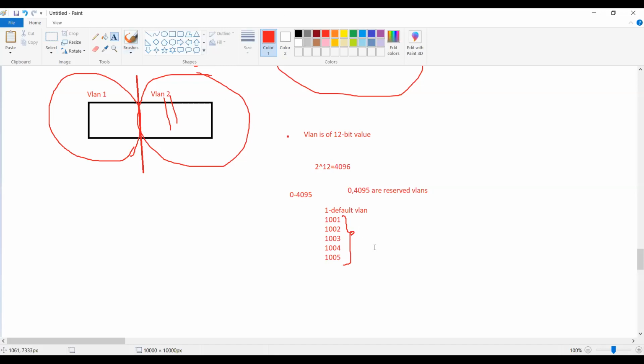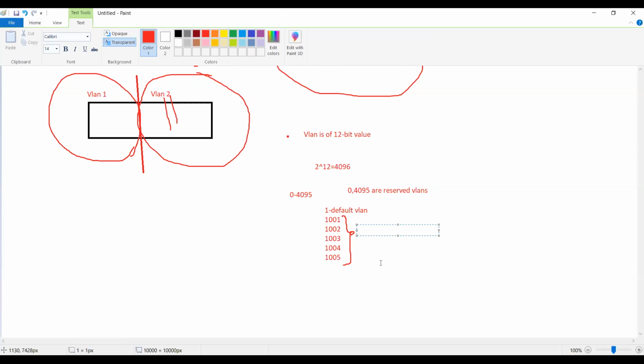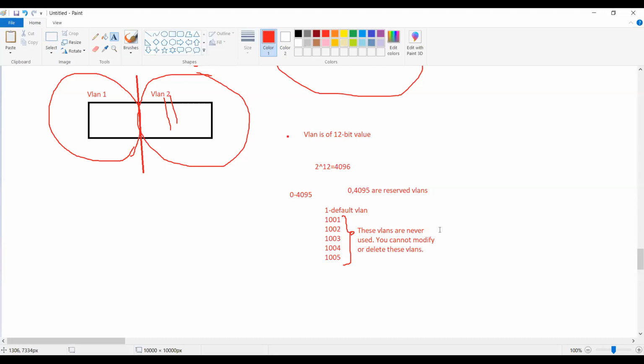You cannot modify or delete these. Even VLAN 1 you cannot modify.